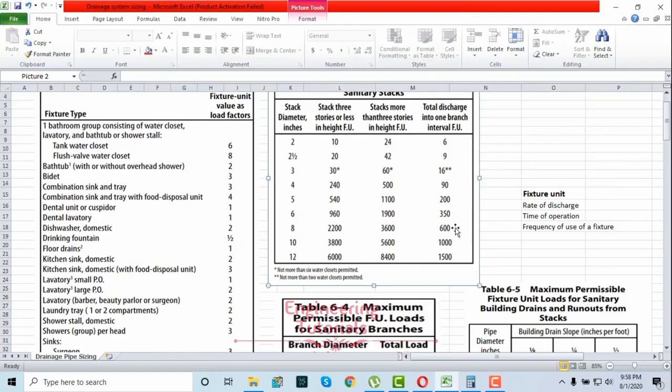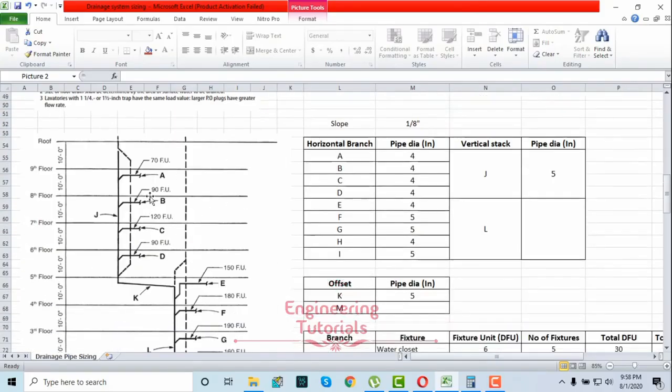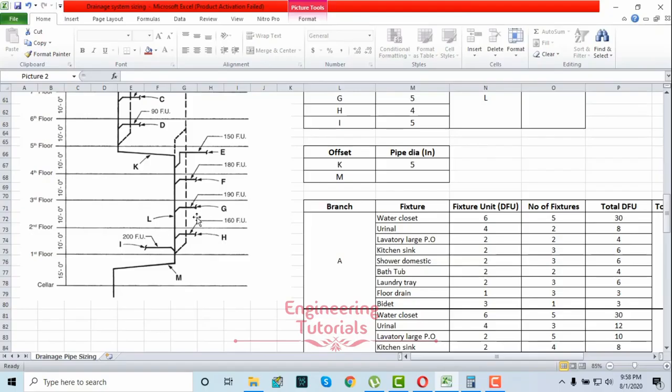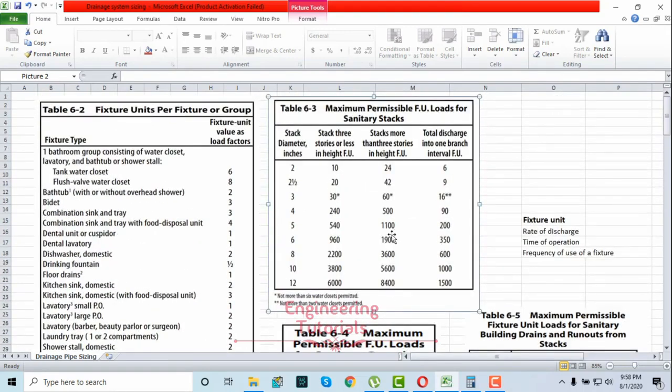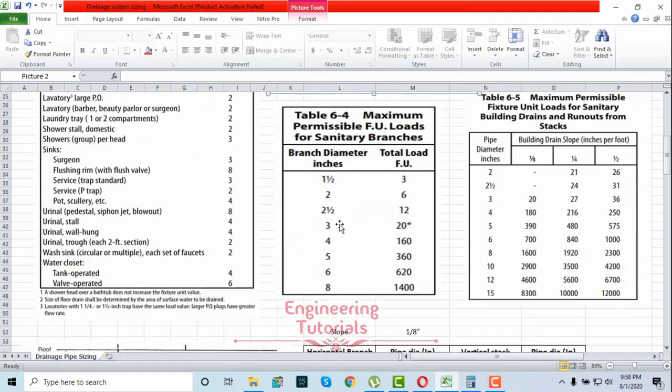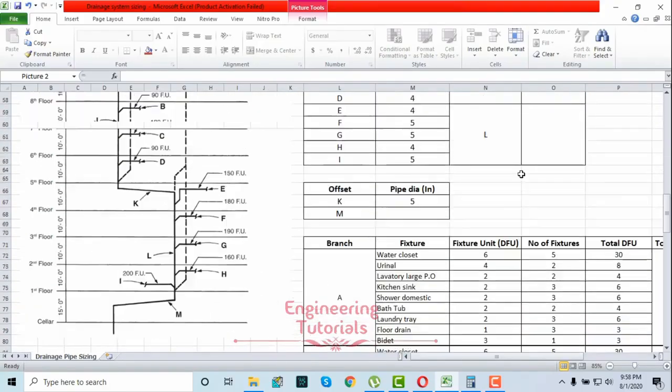So this condition is satisfied, that the total discharge in each branch interval is less than 300 fixture units. We have a maximum of 200 fixture units. So this condition is satisfied, so we can easily use this 6-inch pipe size for vertical stack L.